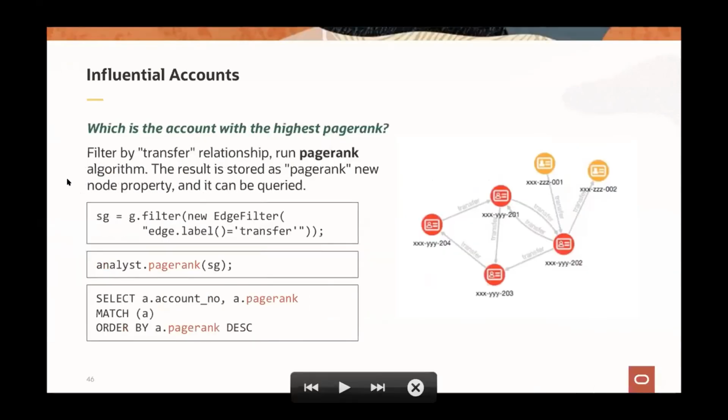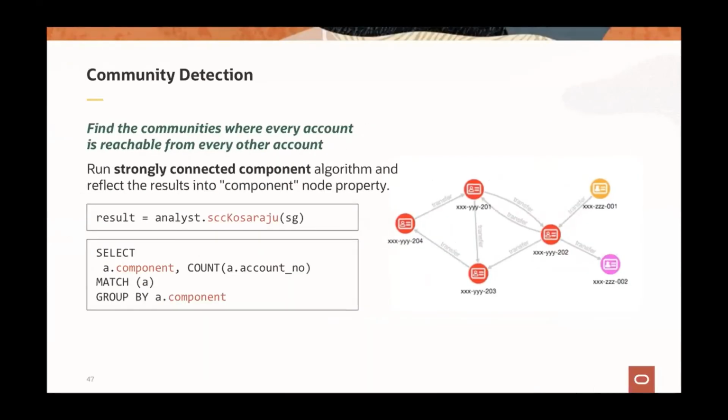The next example is community detection. The question is how we can find the communities where every account is reachable from every other account.